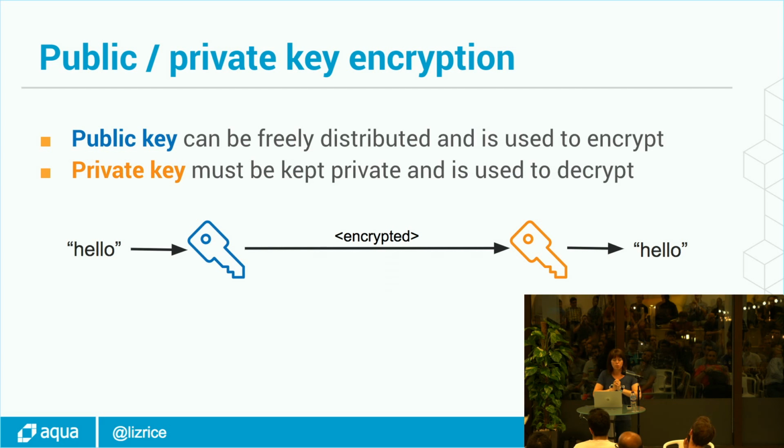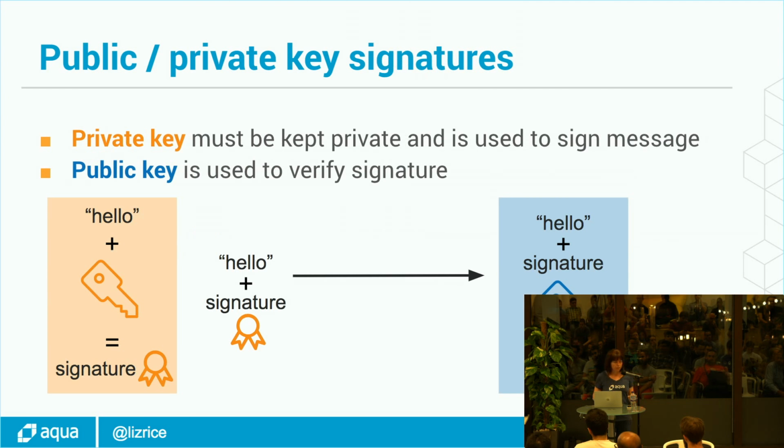I might keep a private key, and I can give you all a copy of a public key, and then you can send me encrypted messages that only I can read because I have my private key. So the public key is what's used to encrypt a message. But we can also use these public-private keys for signing messages.